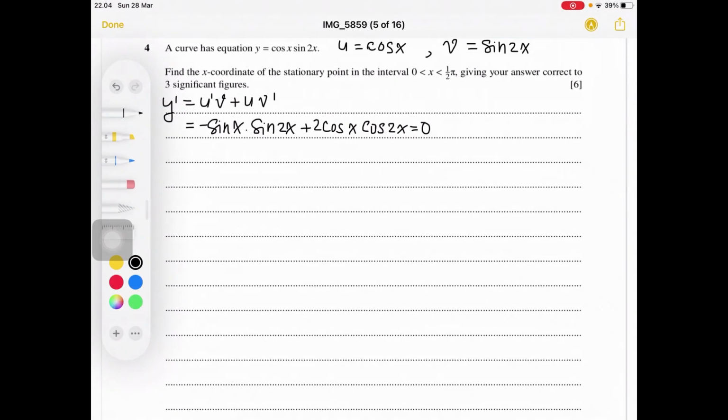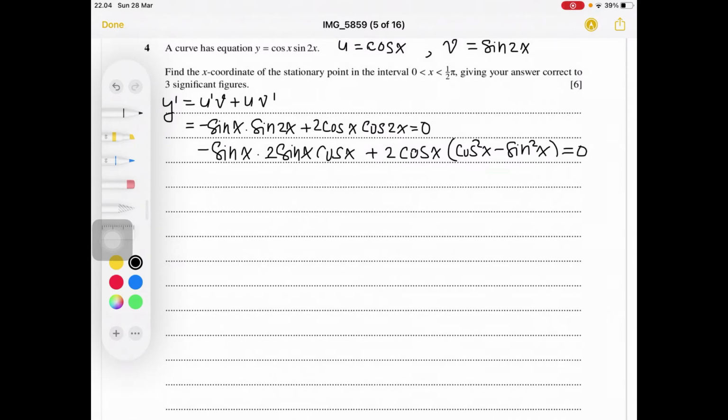Using the double angle formula, we can simplify this equation into negative sine x times 2 sine x cos x plus 2 cos x times cos square x minus sine square x is equal to 0.